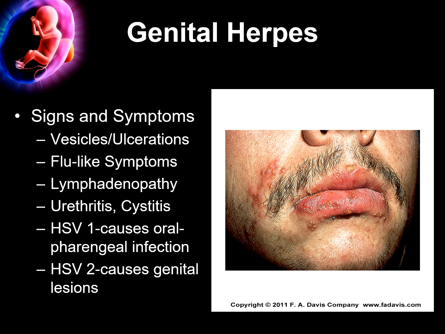And the signs and symptoms include multiple painful vesicular lesions or blisters, and they can last 7 to 21 days. These blisters can go away. They can be treated, or they can go away on their own, and then they can reactivate later.